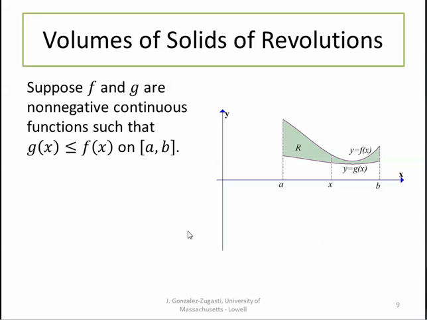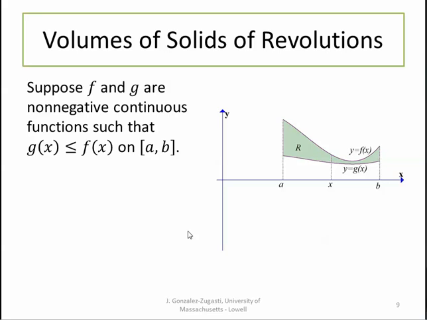All right, so now let's think about more general solids of revolution. Let's suppose that f and g are non-negative continuous functions such that g of x is less than or equal to f of x for all x between a and b.